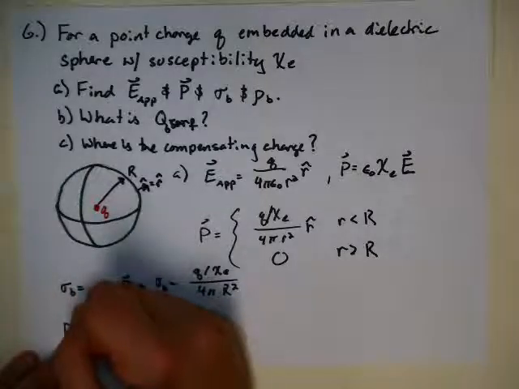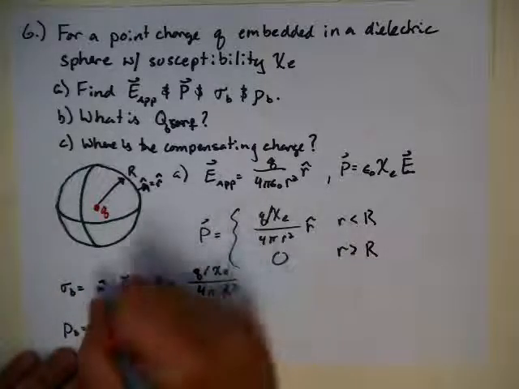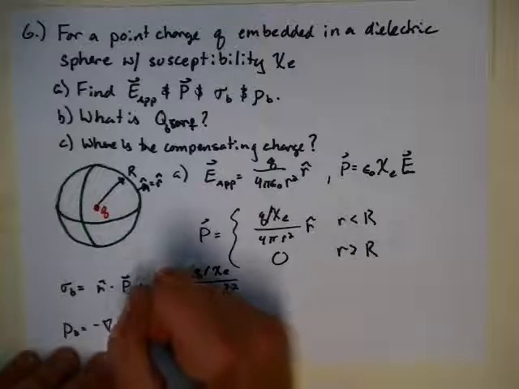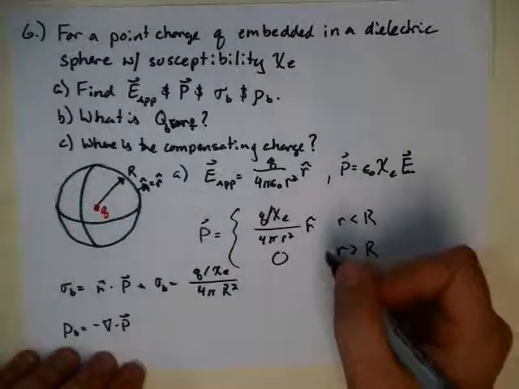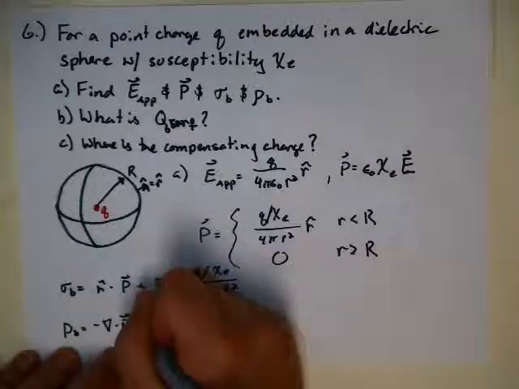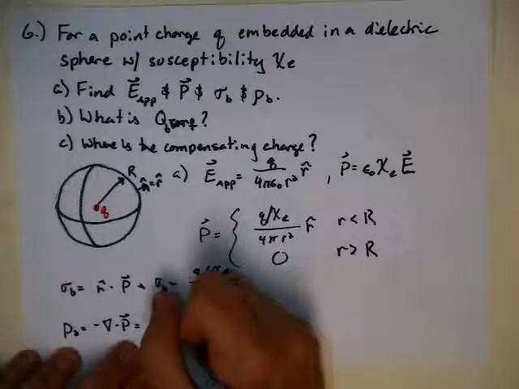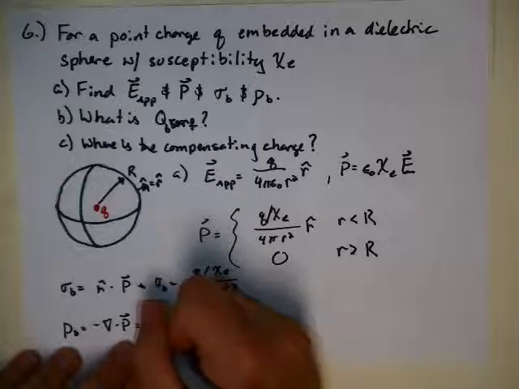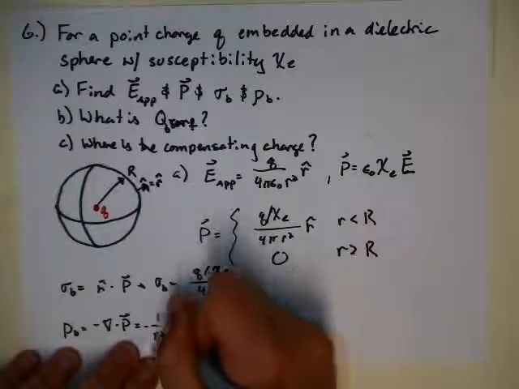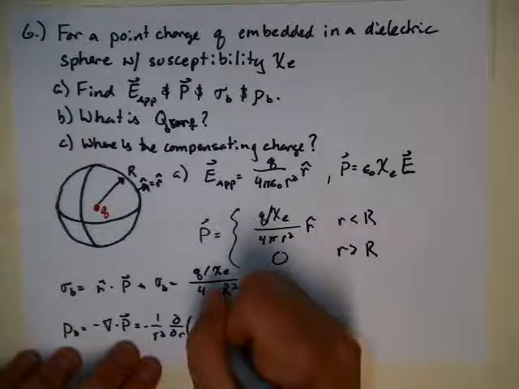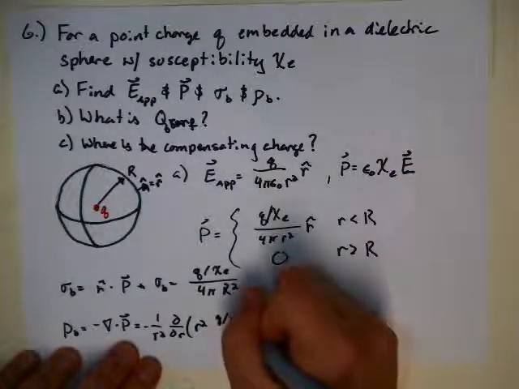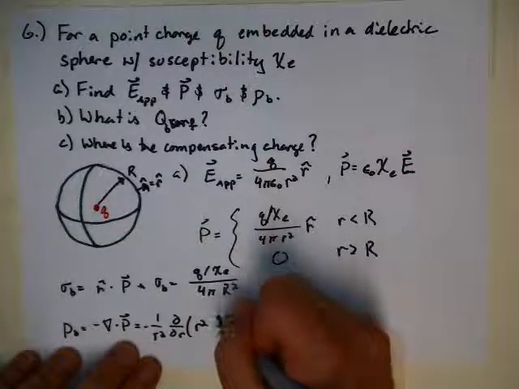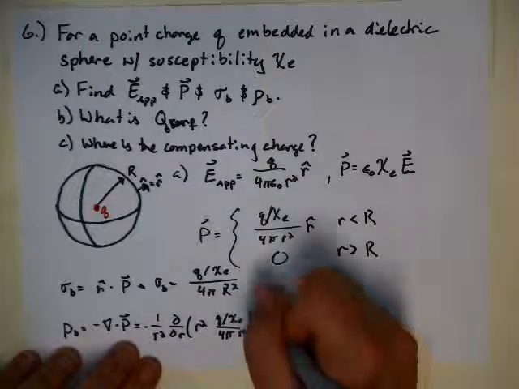And rho b is minus the divergence of the polarization. If I want to evaluate the divergence of the polarization in radial coordinates, this is going to be 1 over r squared times the partial with respect to r of r squared times this. So this will be Q chi e over 1 plus chi e, over 4 pi r squared.